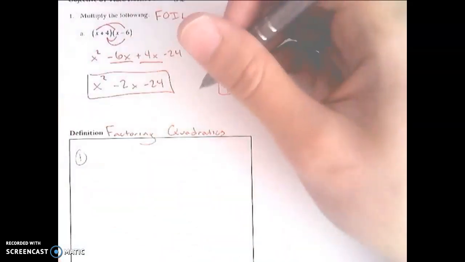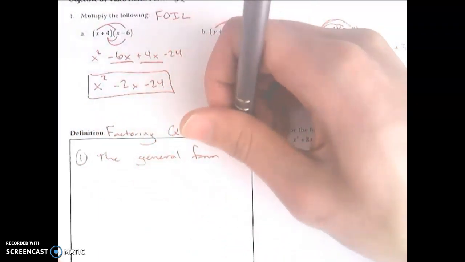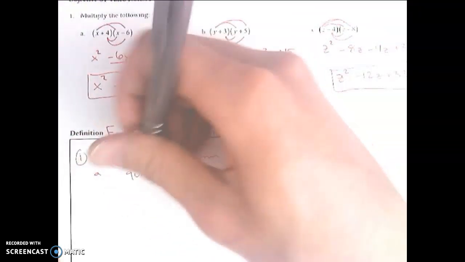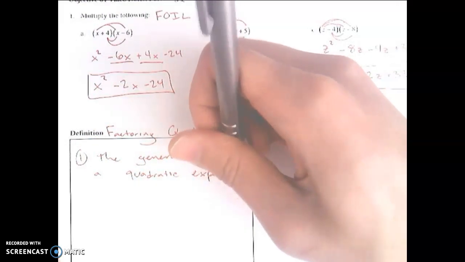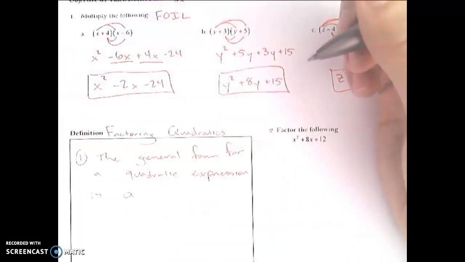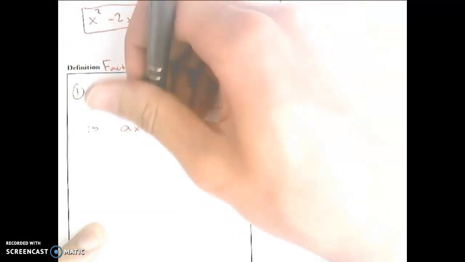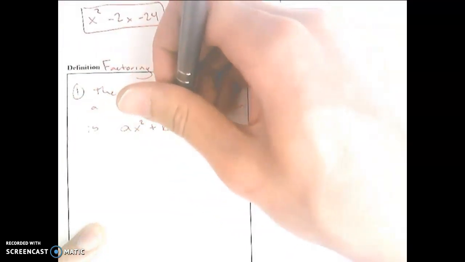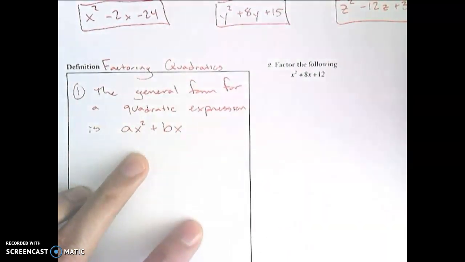So the first thing that I want to note is the general form for a quadratic expression is, we've got a number, we'll call that number a, times x squared, plus another number, a different number, we'll call that number b, times x, and then plus a number at the end, so that's just a number, there's no x attached to that.